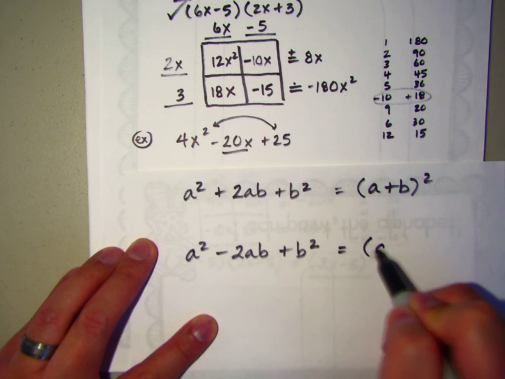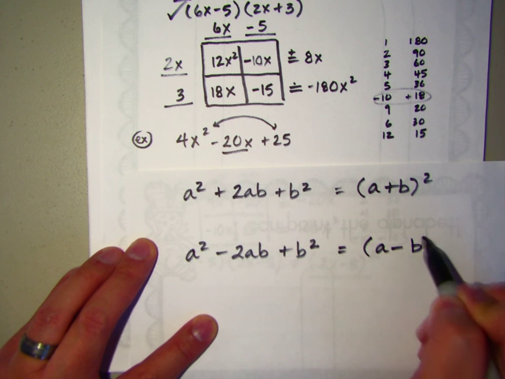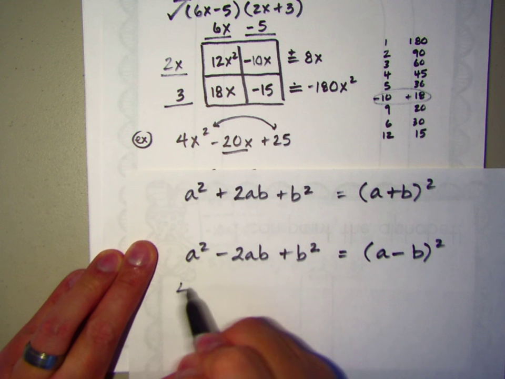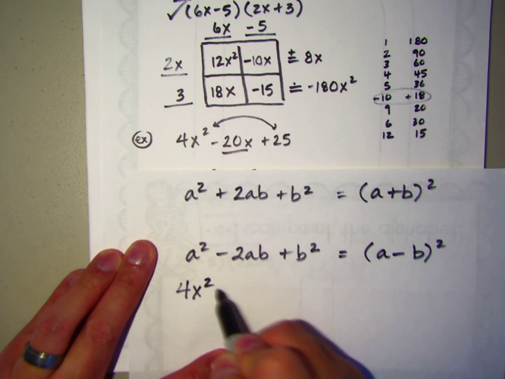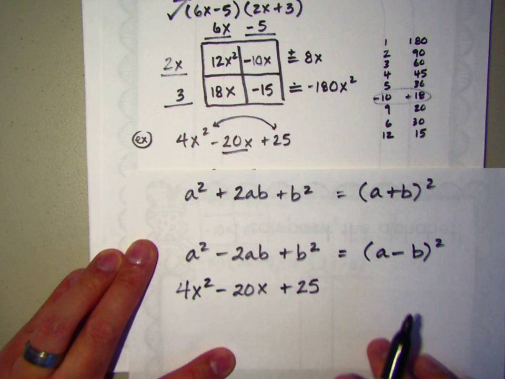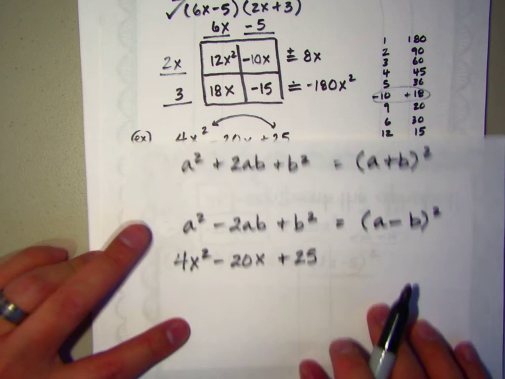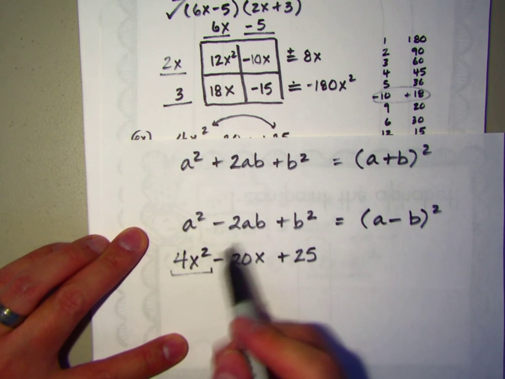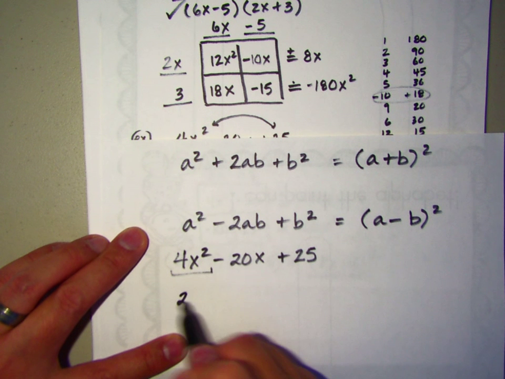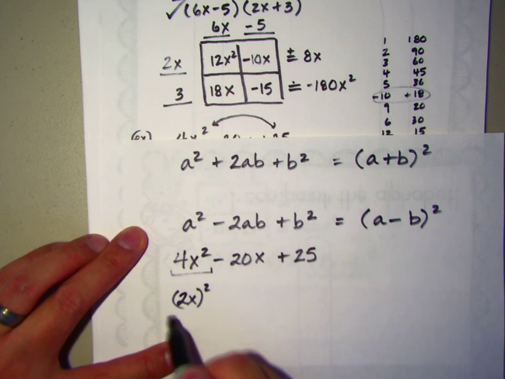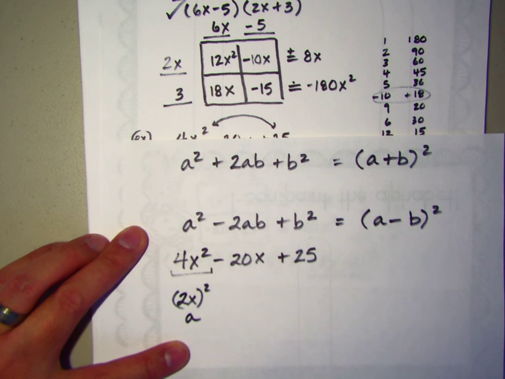Now if we look at this exact same problem, this last one we did, 4x squared minus 20x plus 25, we can hopefully see how this works. What is being squared? That's 2x, the quantity being squared. So a is 2x, and a squared is 2x squared. At the last part, what do I square to get 25?